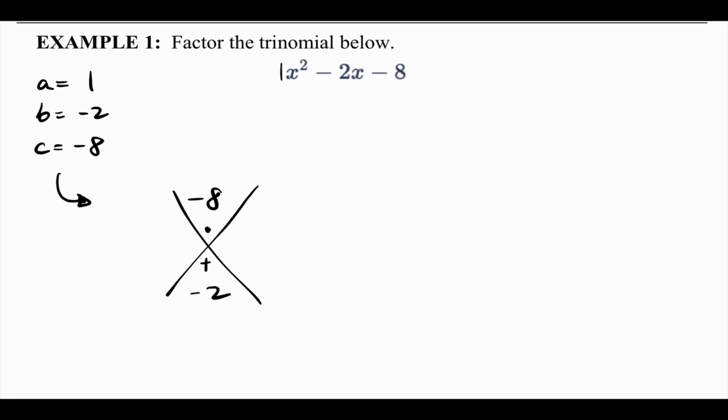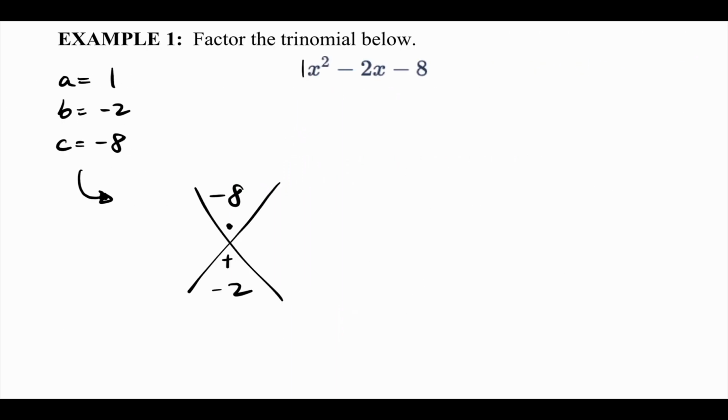Okay, so now this part we got to do in our heads, mental math. What 2 numbers, when I multiply, make negative 8, but when I add them together, make negative 2? So some of you can kind of do it quick. How do you do this if you don't know how to? Well, list all the numbers that make negative 8 when you multiply. Let's see.